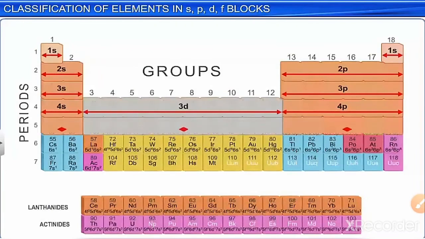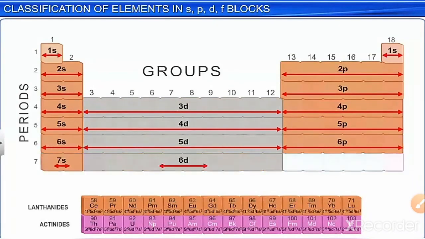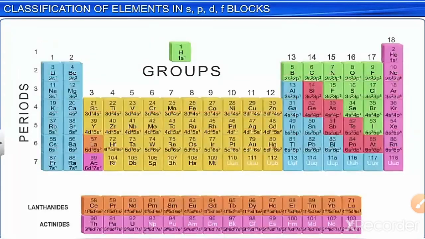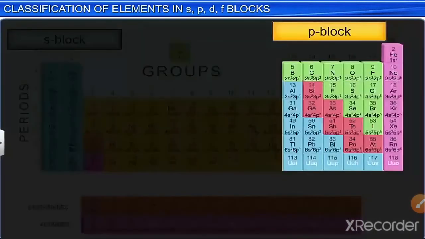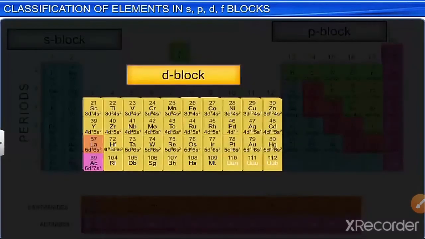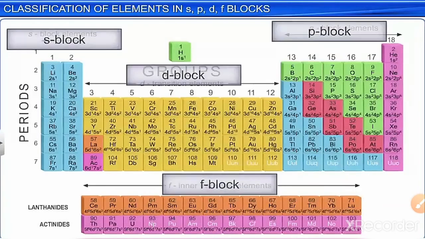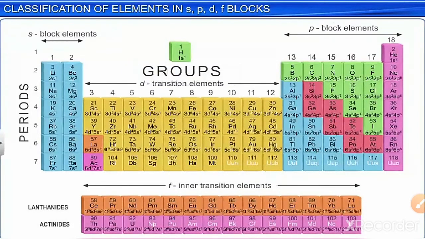Now, the periodic table is also classified into S, P, D, F blocks, on the basis of which orbital the electron enters. If the last electron enters the S orbital or S subshell, it's the S block, then P block, D and F. So in whichever subshell the valence electron enters, it is classified into 4 different blocks.